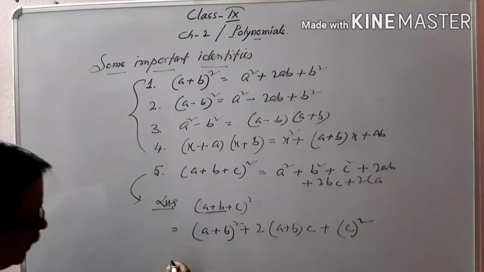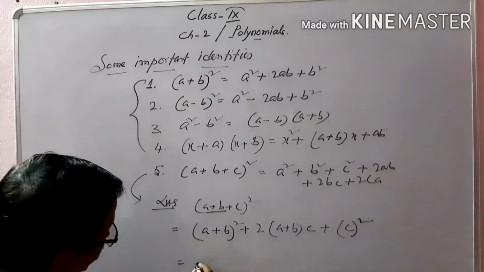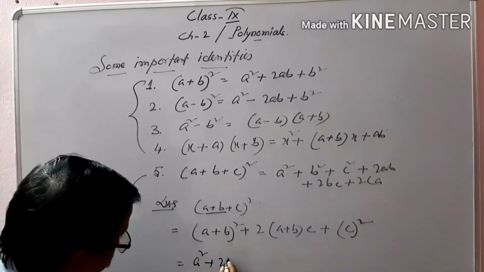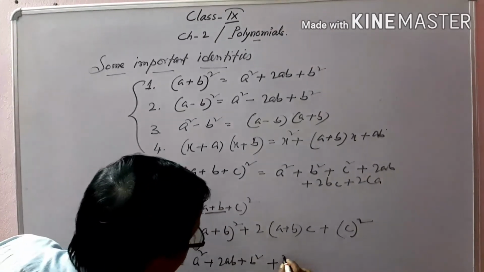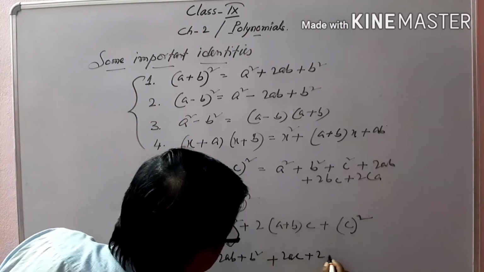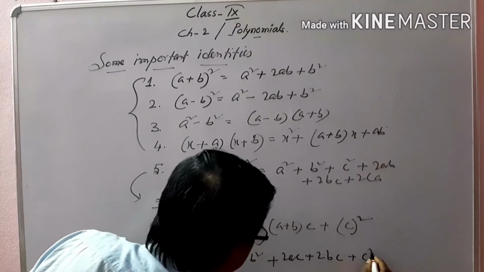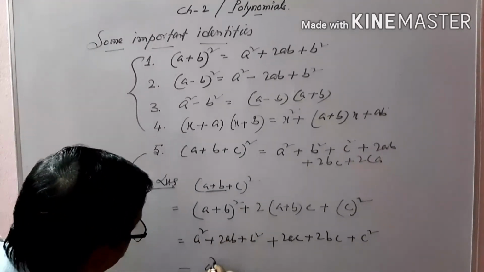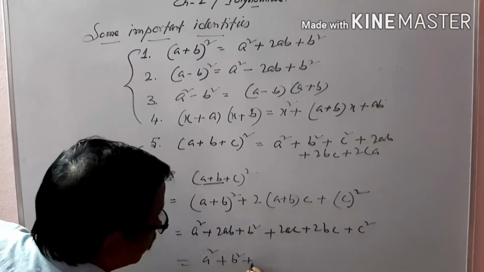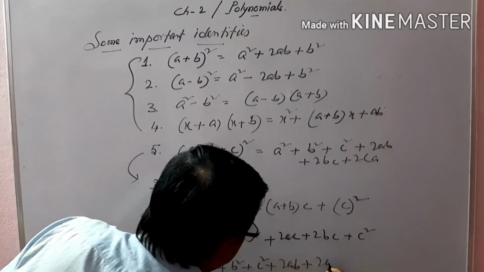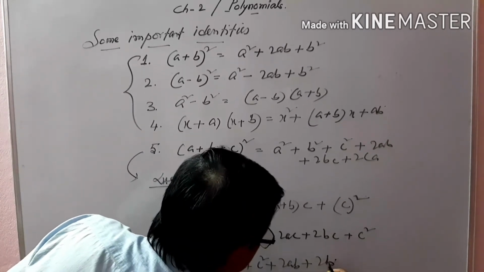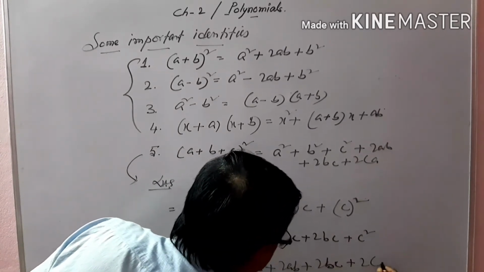Next, this one you break it: a square plus 2ab plus b square, and this one we can write twice ac plus twice bc plus c square. So we have a square plus b square plus c square plus twice ab, twice bc plus twice ca.